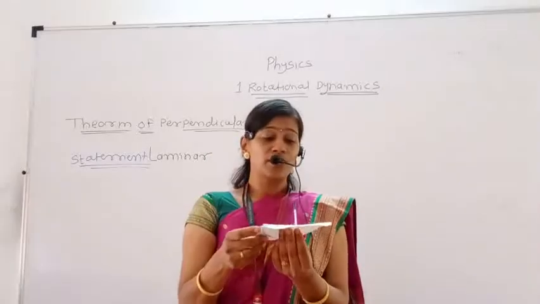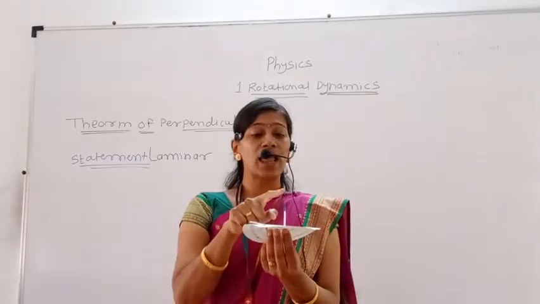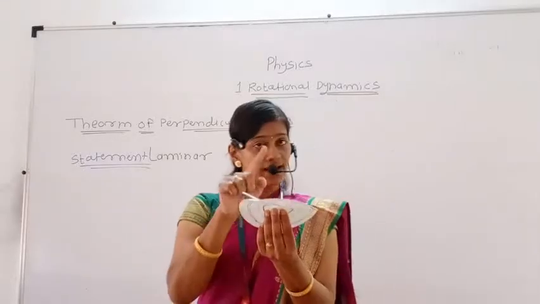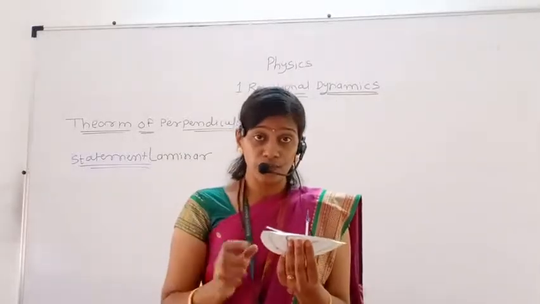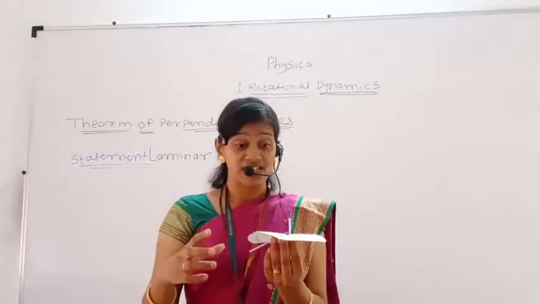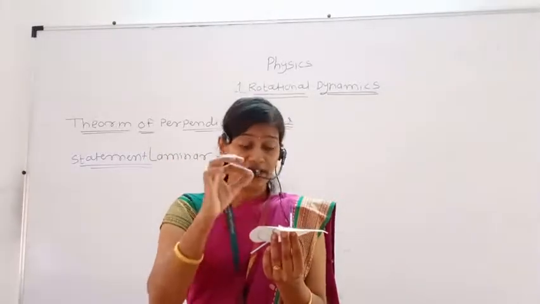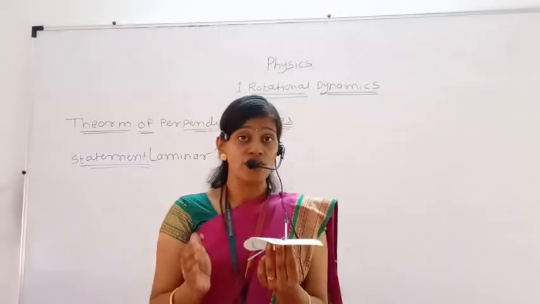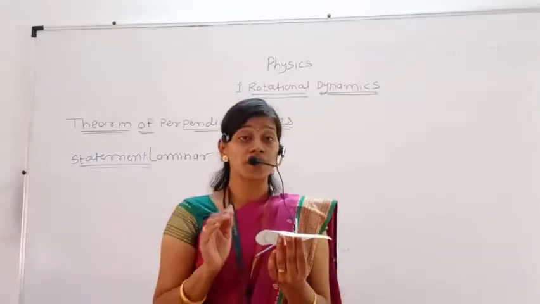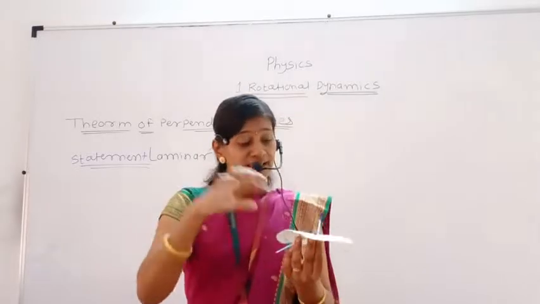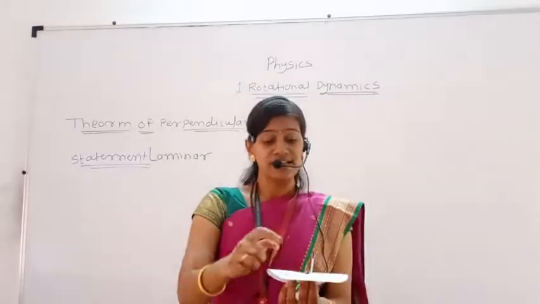This is a perpendicular. The moment of inertia of a laminar body about a perpendicular axis is equal to the sum of the moment of inertia of the body about two mutually perpendicular axes. Those two axes are present in the plane.